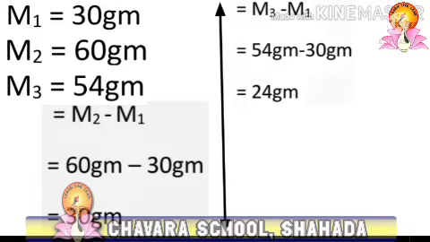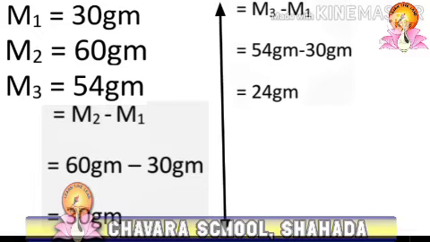So as we got the values of M2 minus M1 and M3 minus M1, since the density of water is 1 gram per centimeter cube, the mass of water contained in the bottle gives the volume of water. Thus, mass of a liquid is equal to M3 minus M1 gram and volume of liquid is equal to M2 minus M1 centimeter cube, as 1 gram per centimeter cube is equal to 1 centimeter cube.